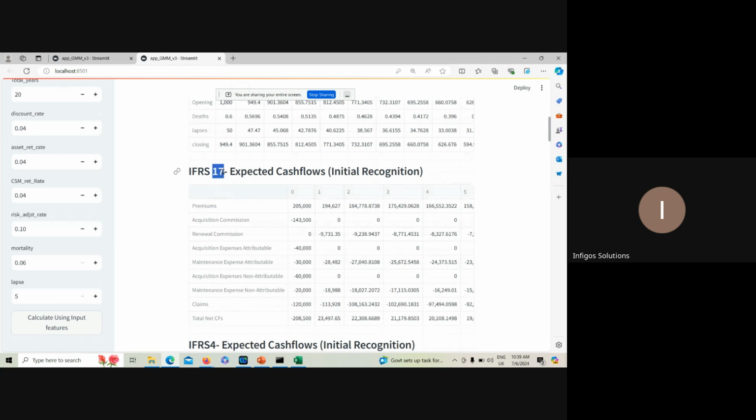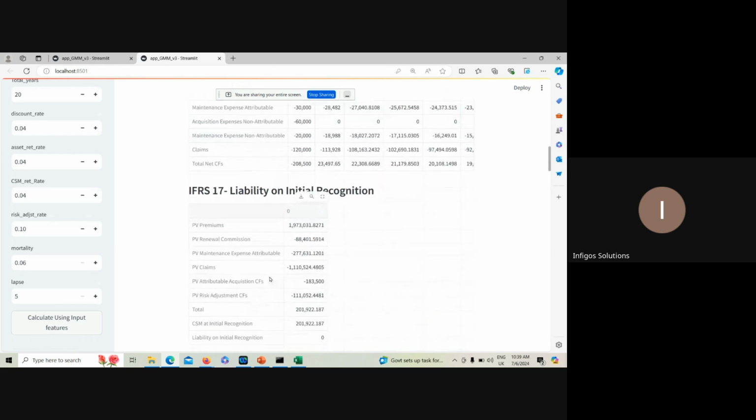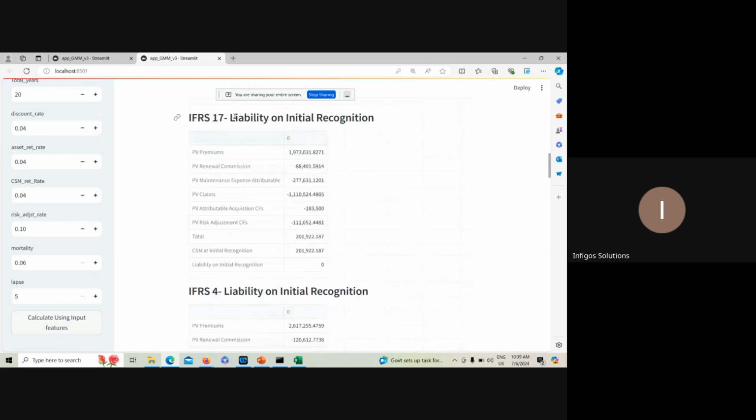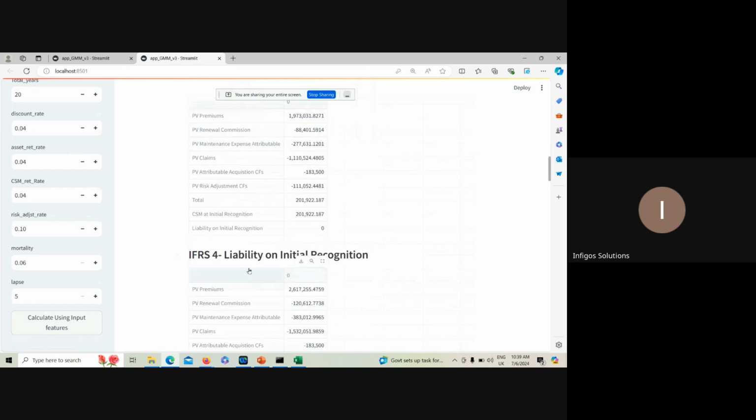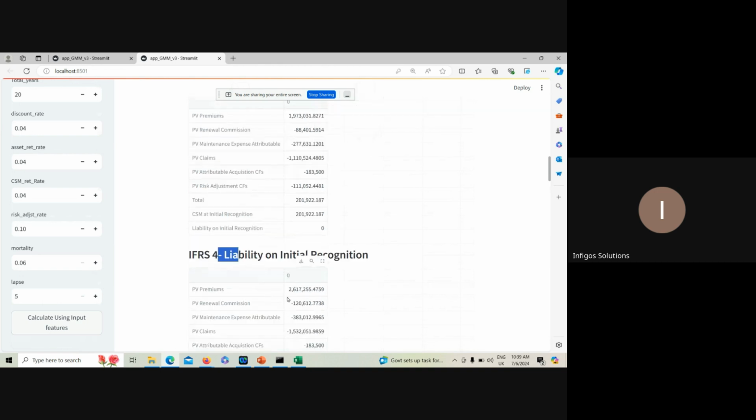Then IFRS 17 expected cash flow, IFRS 4 cash flow. So these calculations are happening here. You just saw that table, liability at initial recognition. This is liability at initial recognition according to IFRS 4. Both the tables are similar. The only difference is there is no discounting applied in IFRS 4.